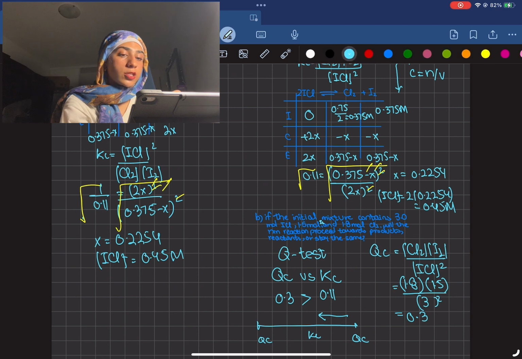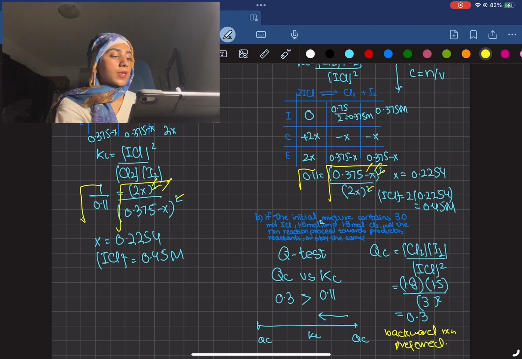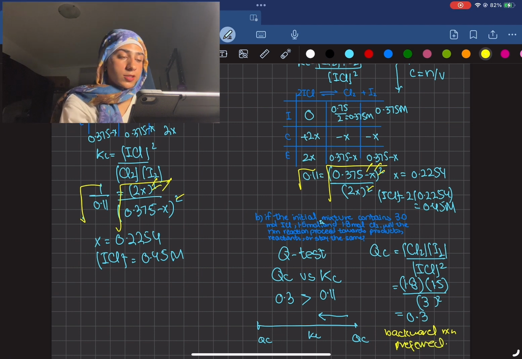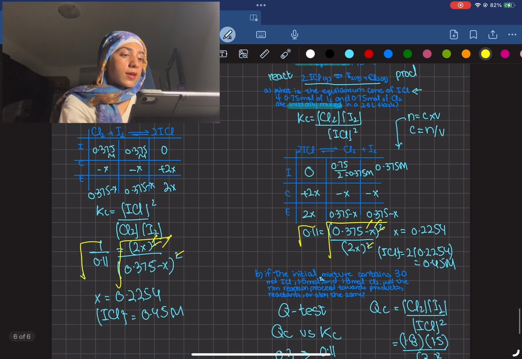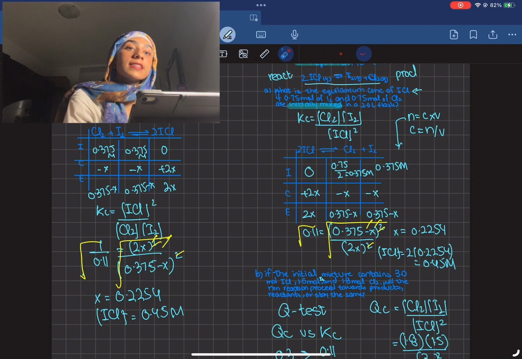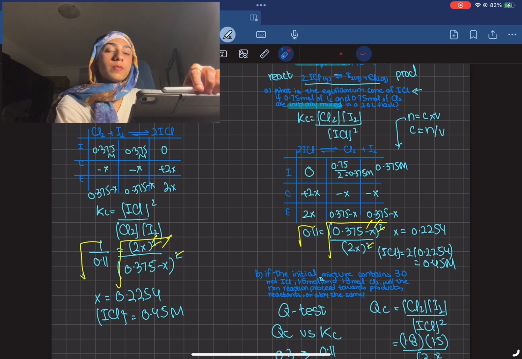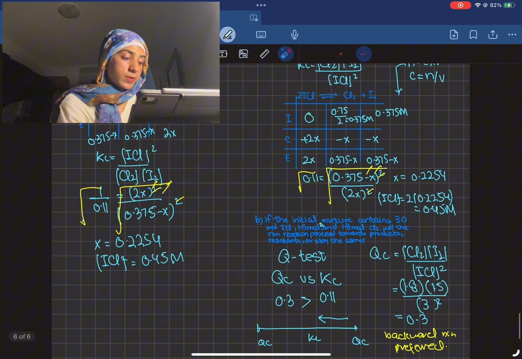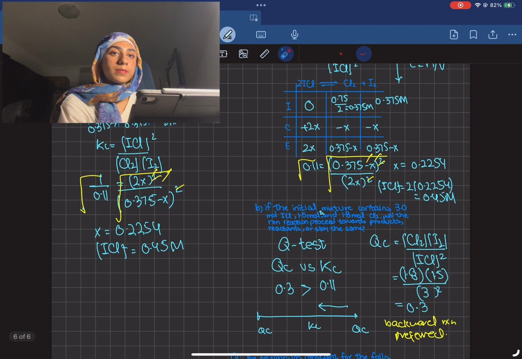So my reaction moves backwards, backward reaction preferred, and that's it. So I'm going to get more of my reactants over here. So that means in this equation I'm going to have more of ICl being produced rather than I2 or Cl2, because my backwards reaction is being preferred and my reactants are being formed.